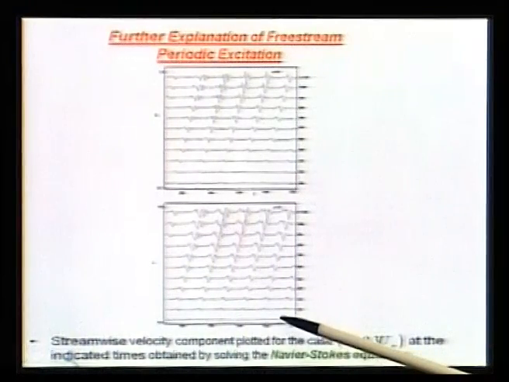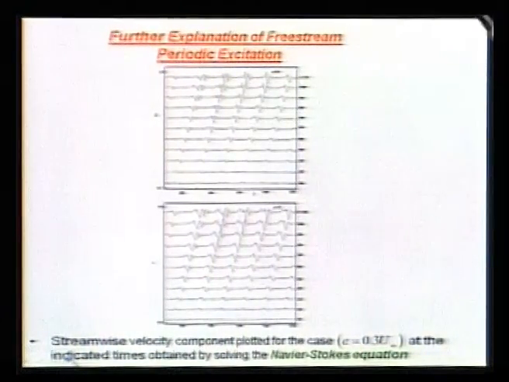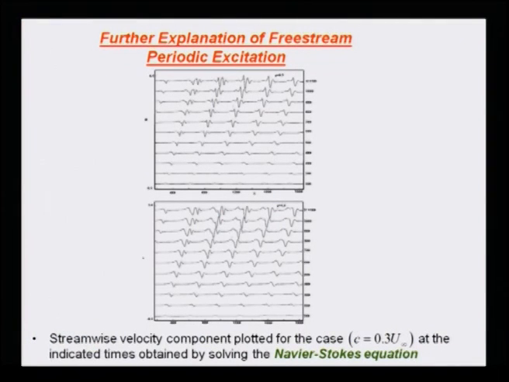And as you can see, with time increasing, the amplitude is growing. So this is one nice example of free stream excitation case, and you also are noticing the same phenomenon of dispersion. You are not going to see a single peak.